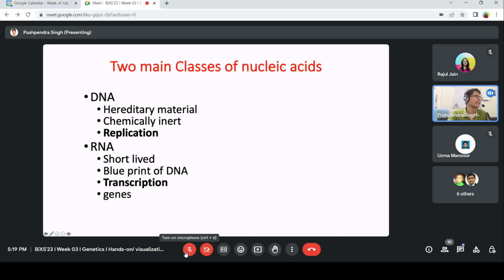So DNA and RNA are generally chemically very inert. Particularly DNA is very stable. For thousands of years it can survive. For example, you have seen the Jurassic Park movie where the DNA of a dinosaur from some fossils was recovered.